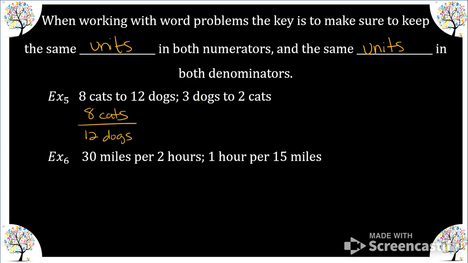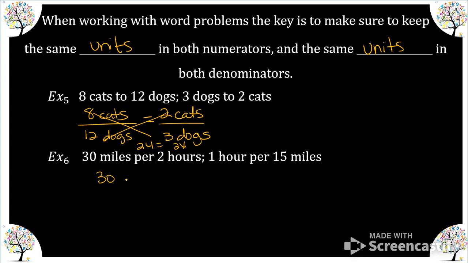And then when we say 3 dogs to 2 cats, we need to put the dogs to set up a true proportion, and then 2 cats. So cats and cats, dogs and dogs. That's the key when setting up a proportion. And we can see 8 times 3 is 24, and 2 times 12 is 24. This is a true proportion.